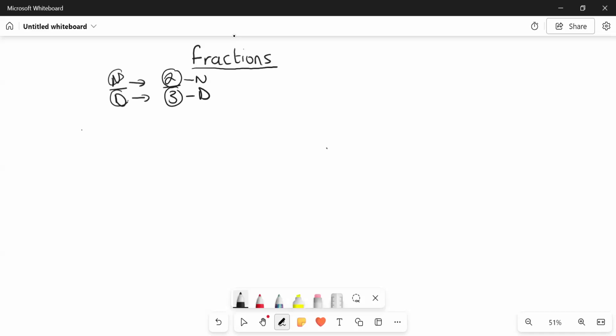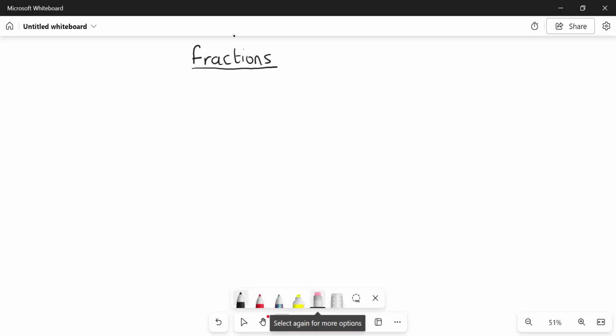So with that information, I believe that we can solve any fraction, right? Because now we know how to differentiate between a numerator as well as a denominator. So let's say for an example, we get a question which says simplify.